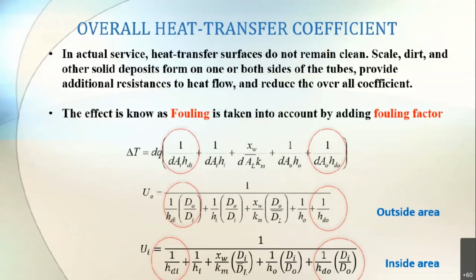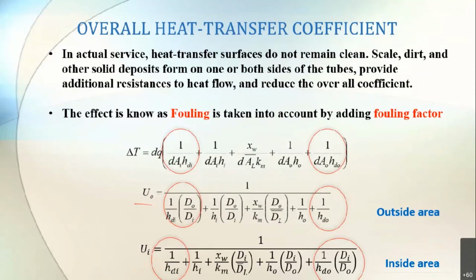Usually we had our initial equation where, let's say for Uo, we have 1 over hi, di over all these things, but now we are adding another factor called the fouling factor. For it you just have to add another term, which is the fouling factor hd.